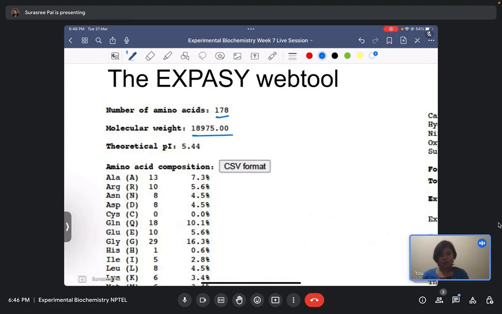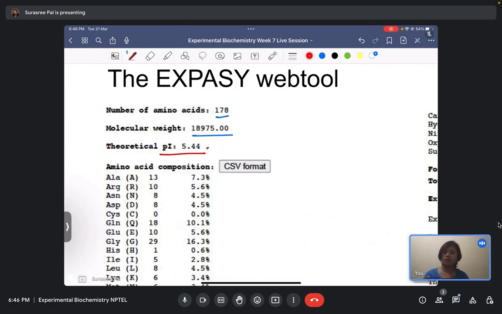The next important information that we get from this is the theoretical pI. The pI is calculated based on the pK values of the amino acids, and the theoretical pI comes out as 5.44 for this particular protein.